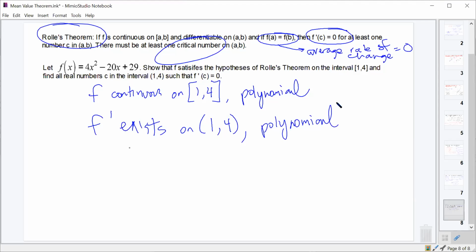Okay, good. And so the next thing we'll need to check is, does f of 1 equal f of 4? So what's f of 1? 4 minus 20 plus 29? Or 13? And what's f of 4?